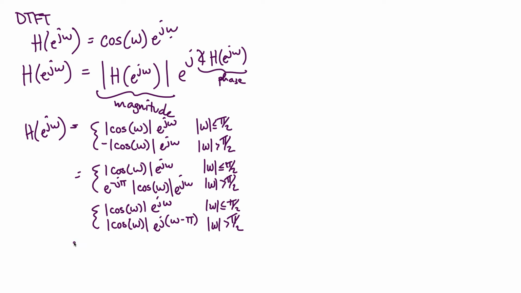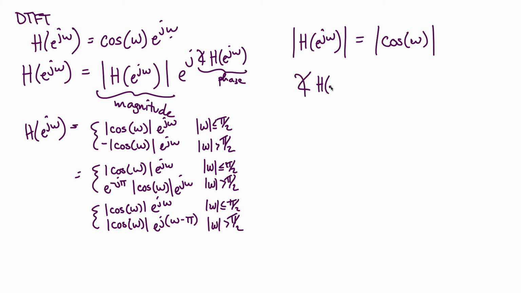So we can say now that the magnitude part of our DTFT is simply the absolute value of cosine of omega, right? And then the angle is going to sometimes be omega, and sometimes it's going to be omega minus pi.